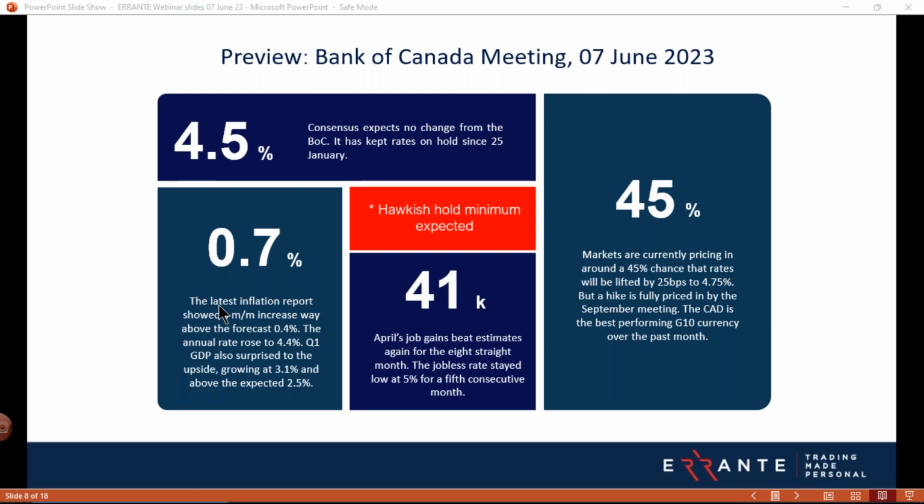We also have a still buoyant housing market, and that's all raised speculation that potentially the Bank of Canada raise rates at this meeting rather than by September.